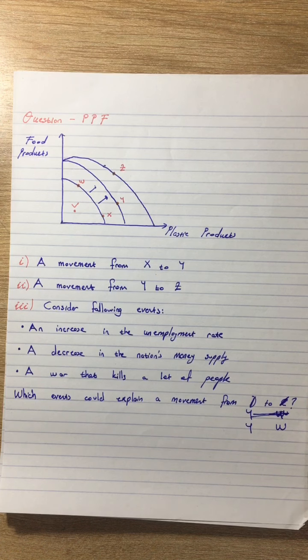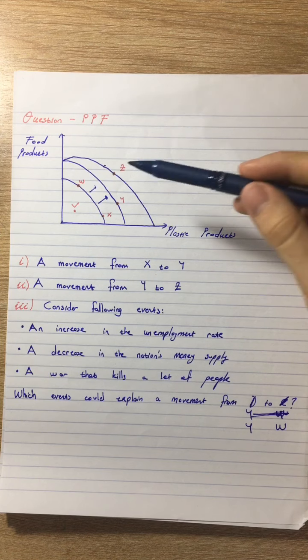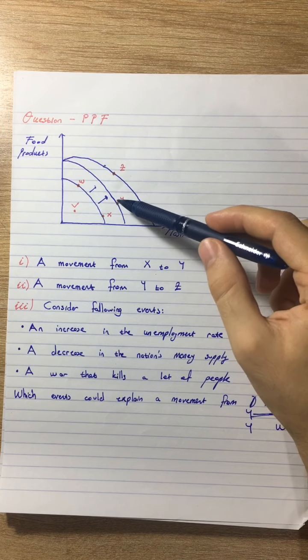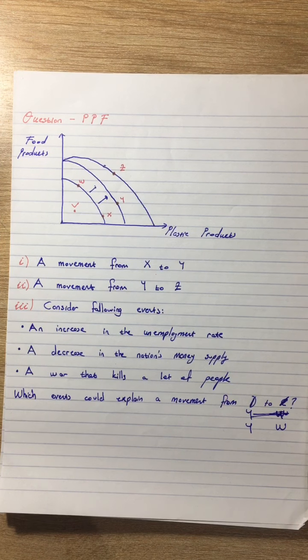In the third part, it says consider the following events: an increase in the unemployment rate, a decrease in the nation's money supply, a war that kills a lot of people. Which events could explain a movement from Y to W? I misspelled the words here, I'm sorry. So it asks what the reasons could be for a movement from Y to W. Going from Y to W, we realize a decrease in the production capacity of the country.